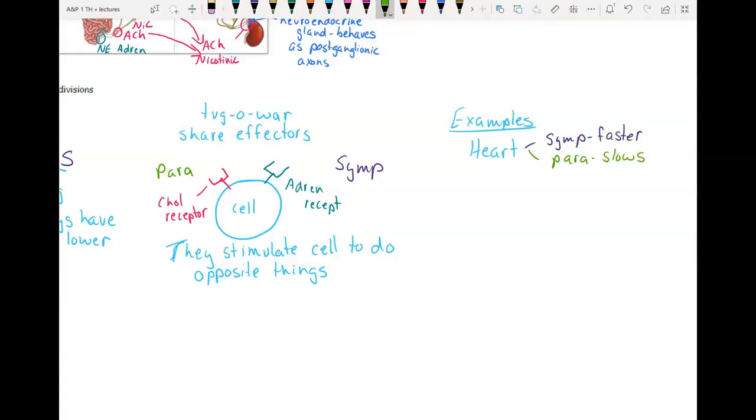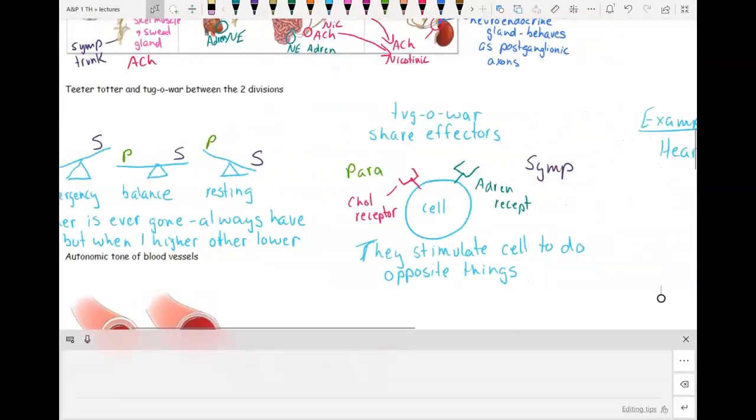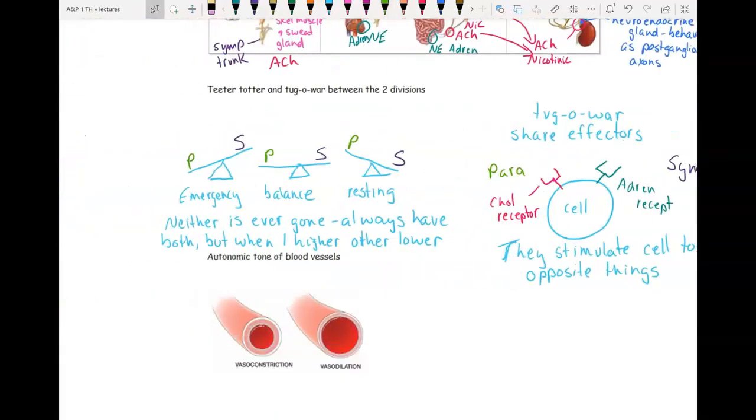So your heart rate depends on how much sympathetic and parasympathetic. So for example, over here, when you are in the emergency and sympathetic is high, your heart is going to be fast. When you're resting on the couch and parasympathetic is the one that's high, you're going to have a slow heart rate. If they're balanced, you're going to have a medium heart rate.